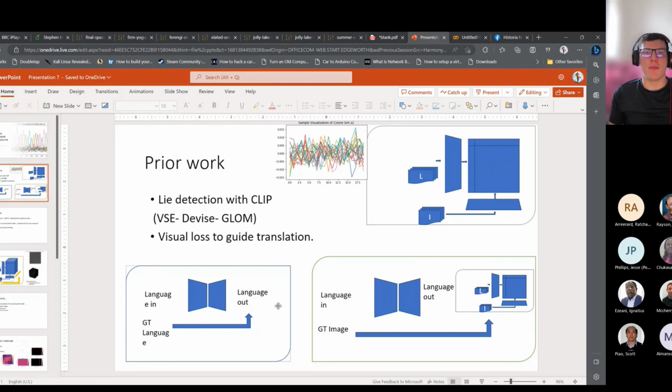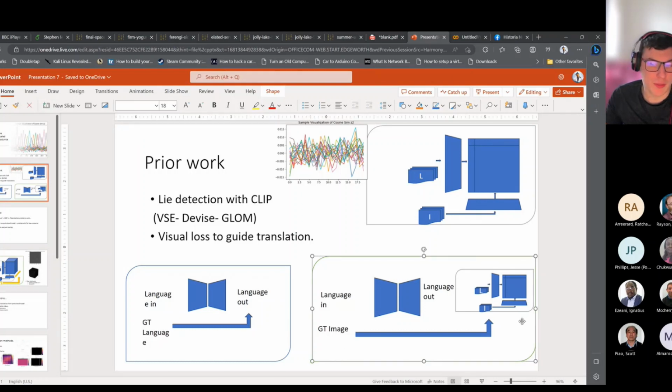So if you've got a near miss, for example, if you're doing a question answering task and the answer wanted was yes, and your model output yeah, you'd be marked wrong, and yet the semantics of what you're saying are correct. This prompted an early foray into trying to use images to guide that gradient. What you can see in the bottom right of this slide is an approach that splices CLIP into that pipeline, where instead of using a ground truth language, we're using a ground truth image.